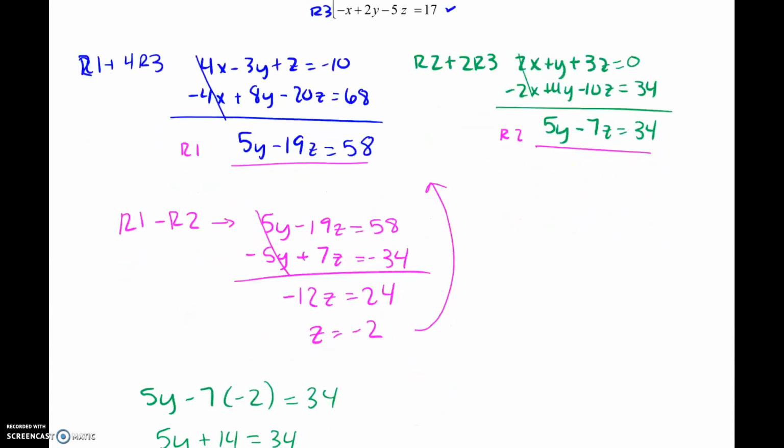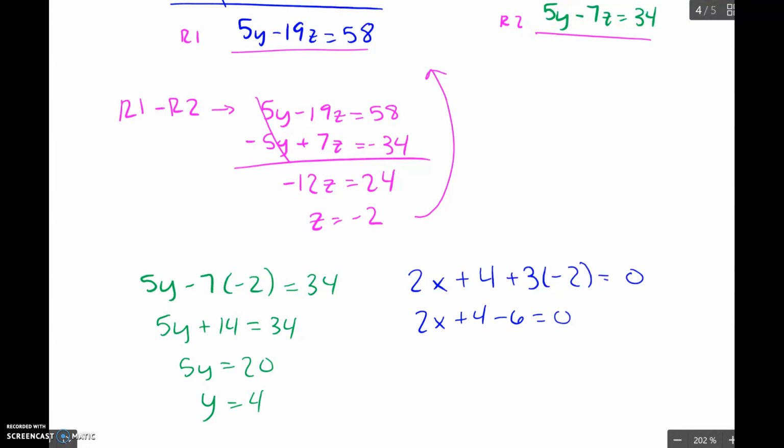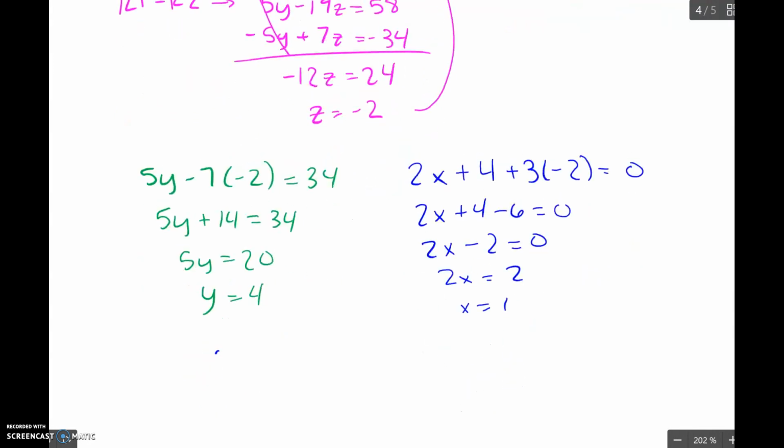So 2x plus y plus 3z: 2x plus 4 plus 3 times negative 2 equals 0. So 2x plus 4 minus 6 equals 0. 2x minus 2 equals 0. 2x equals 2. x equals 1. So my solution is 1, 4, negative 2.